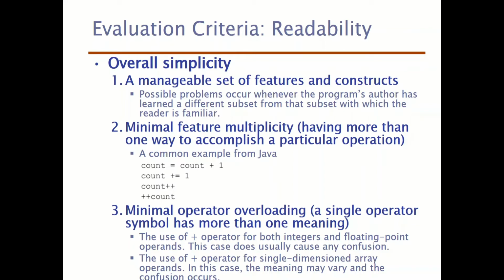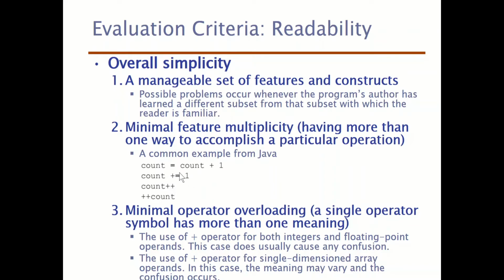Let's move to the next minimal feature, multiplicity. Now, think about this. You guys are familiar with different ways for incrementing an integer variable in Java, and I brought this example specifically in Java because you guys are familiar with it. It actually applies to C and C++. Now here count equals count plus 1. That means increment count is exactly the same.